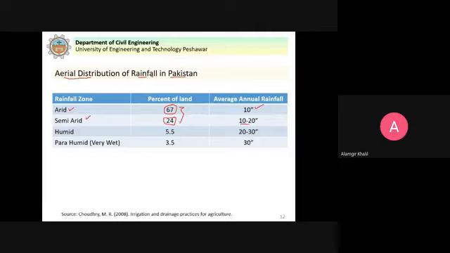Because 91% of the area of Pakistan is semi-arid to arid, 5.5% is humid with 20 to 30 inches average annual rainfall, and 3.5% has an average annual rainfall of 30 inches. So you can see the scope of irrigation in Pakistan and irrigation engineering. That is why we have an irrigation department in every province, and in KPK we have a Minister for Irrigation.